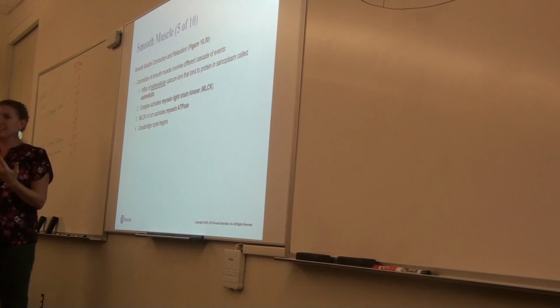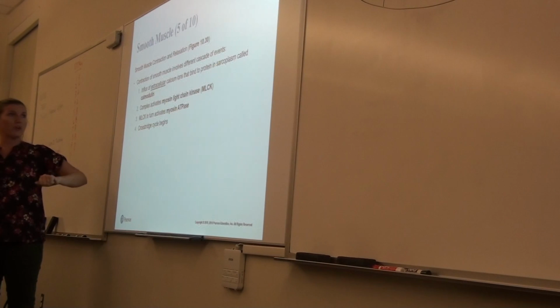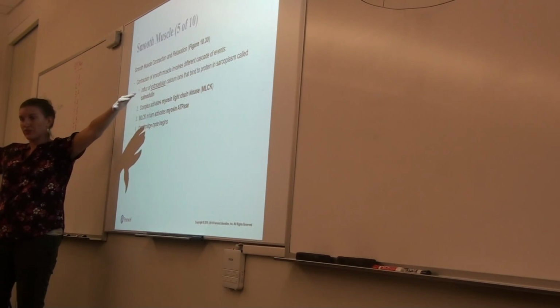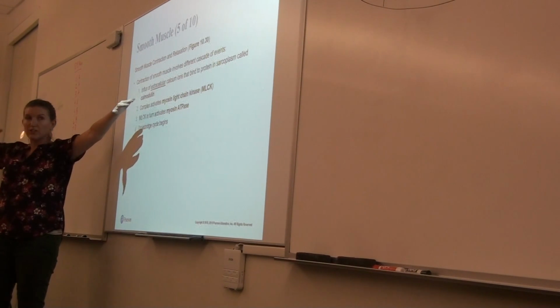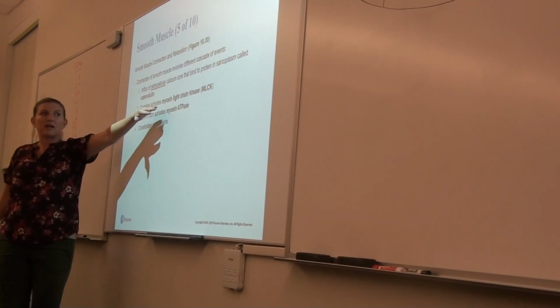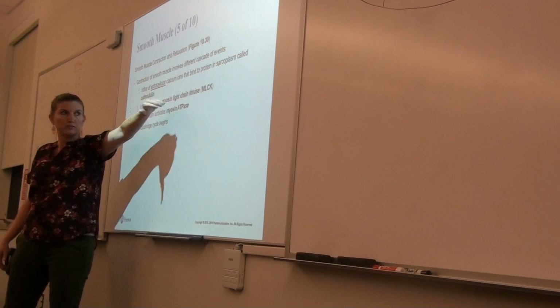So it involves a cascade of events. It's very different from our skeletal muscle. The calcium ions come from the outside, so there's no sarcoplasmic reticulum releasing it. Those calcium ions come from the extracellular environment, and that is going to activate an enzyme called MLCK.